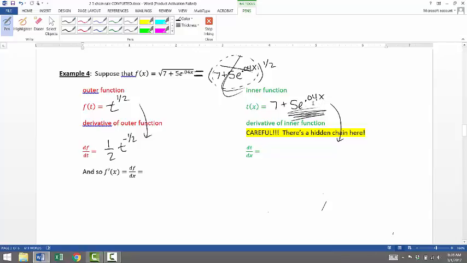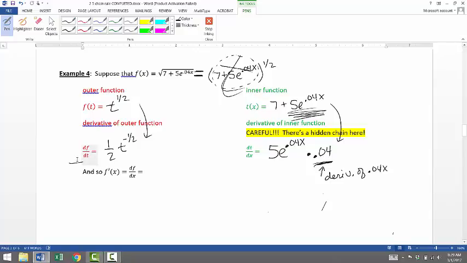When we have 5e to the 0.04x, that would be a derivative of 5e to the 0.04x, but then you have to multiply times the derivative of that exponent. That's the derivative of the inner function. So that's a chain rule inside of a chain rule problem.